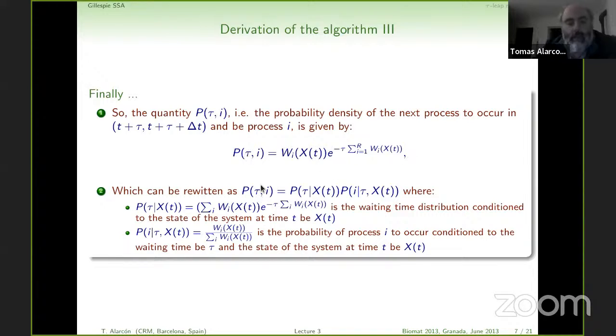Now you have this expression, and you multiply and divide by this sum here, and then you group factors, and then you will see that you can write it in this way.